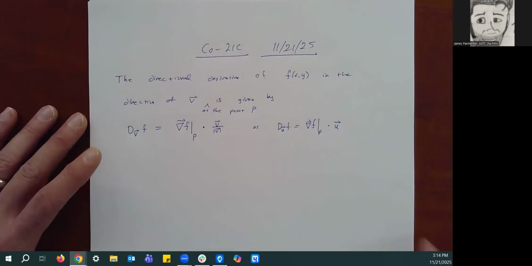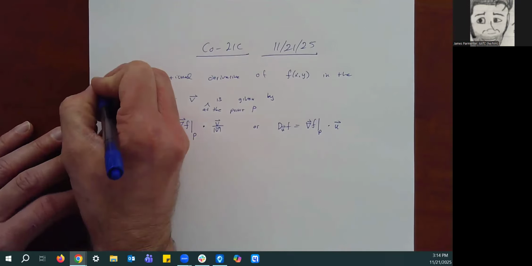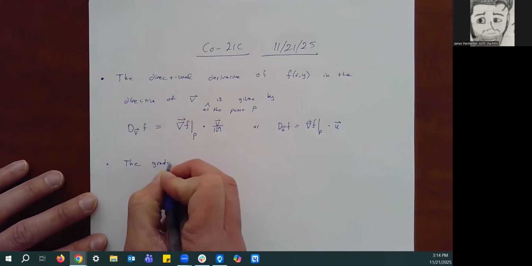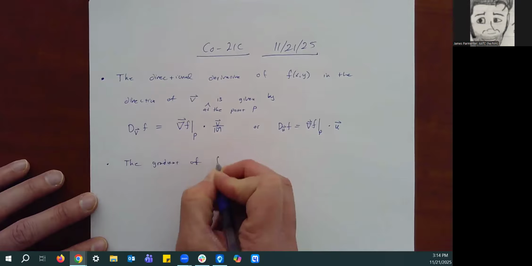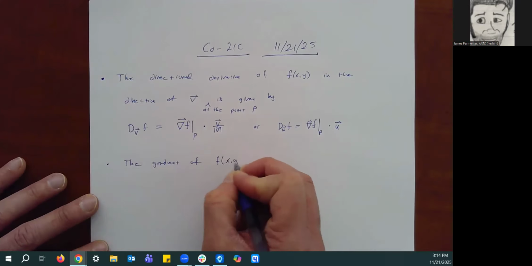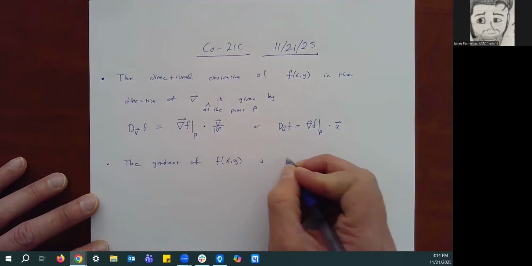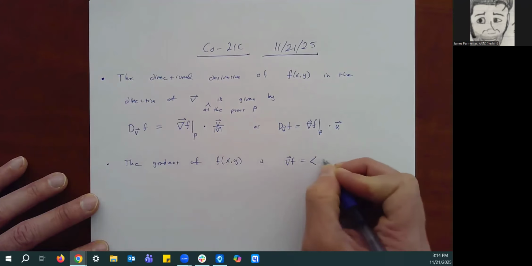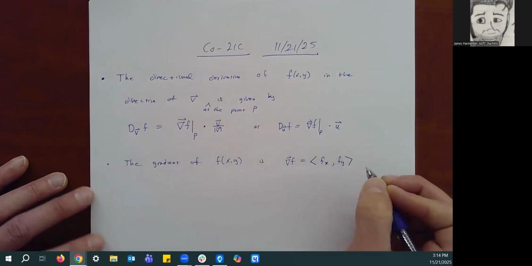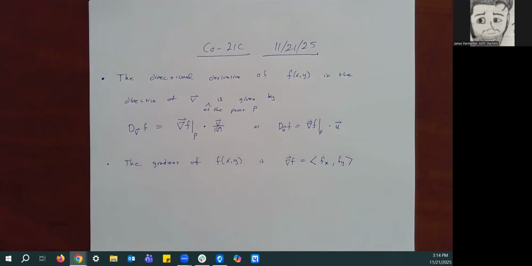And then there's another reminder, the gradient of a function of x and y is given by just the vector of partial derivatives. But this idea is extendable to more dimensions.